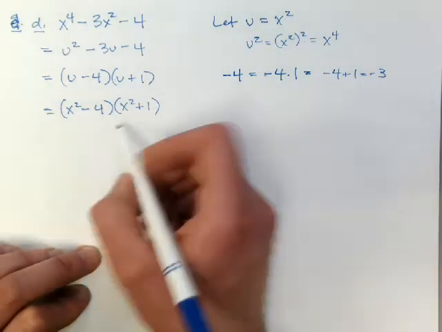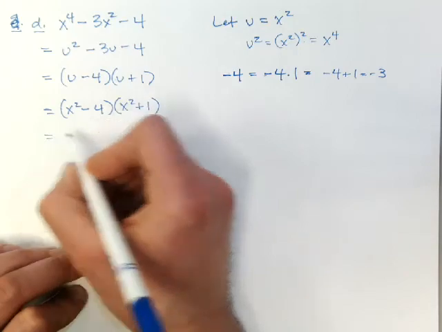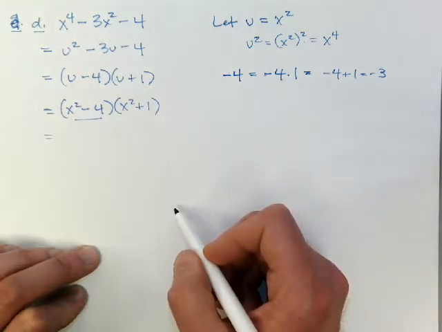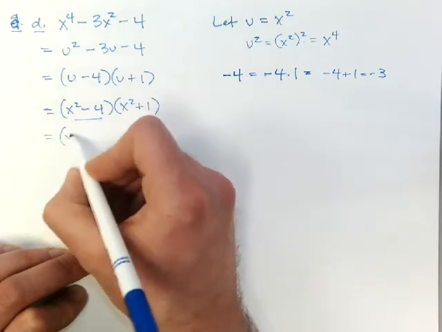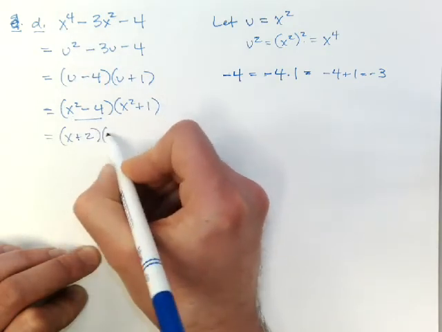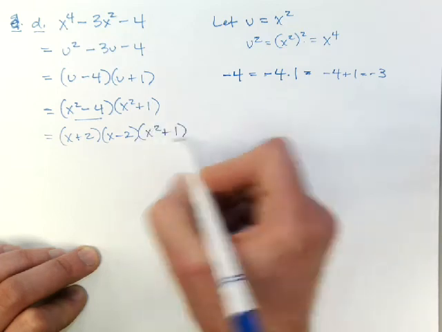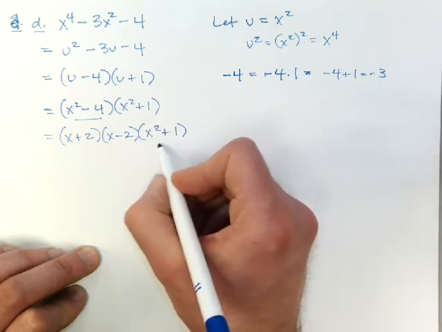Okay, so for now this is done, but it'll actually turn out this thing is something that factors pretty nicely into x plus 2 times x minus 2. And then x squared plus 1 is prime.